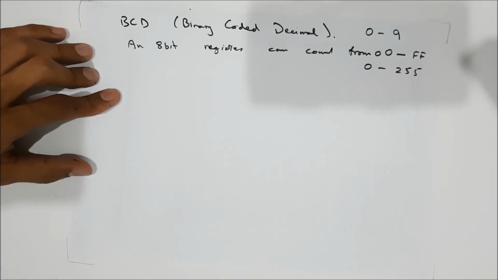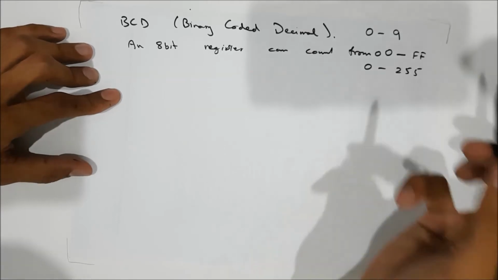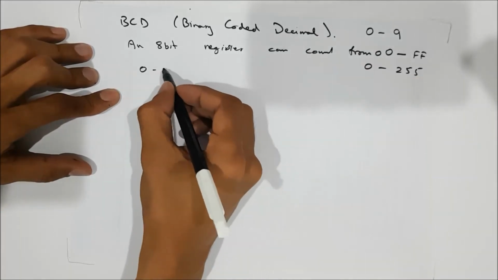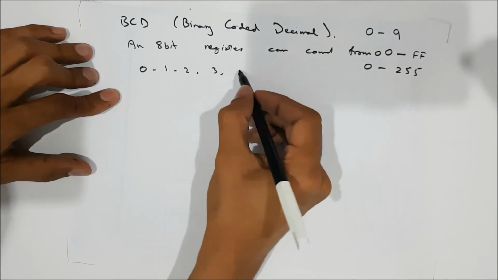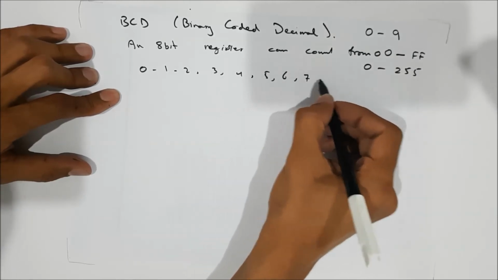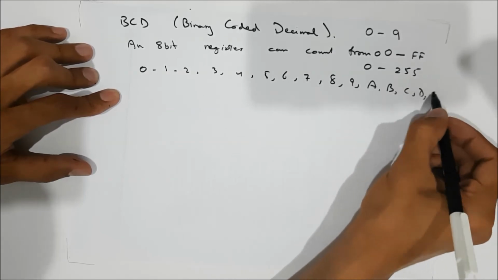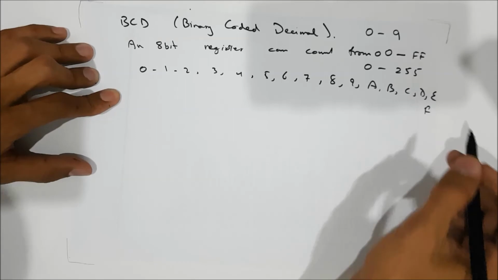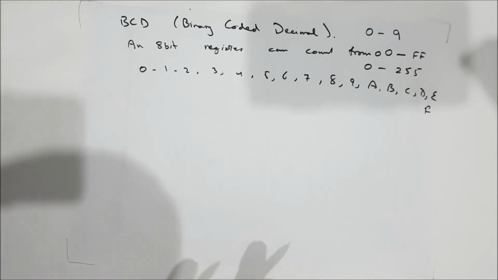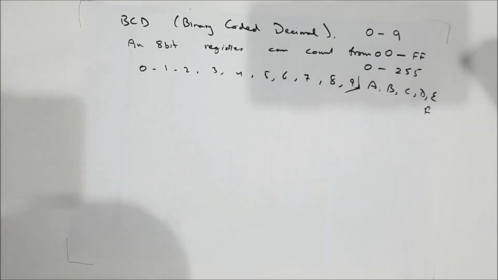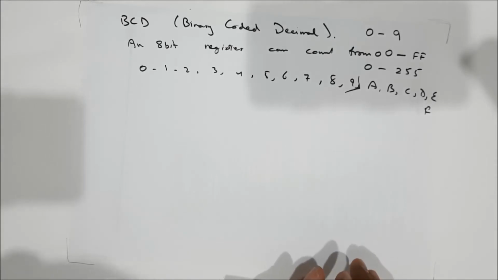These 8 bits, or 1 byte, by default count from 0, 1, 2, 3, 4, 5, 6, 7, 8, 9, A, B, C, D, E, and then F. So up till 9 it is okay, but after 9 the A, B, C, D cannot be recognized by a human as 10, 11, 12, 13 up to 15.